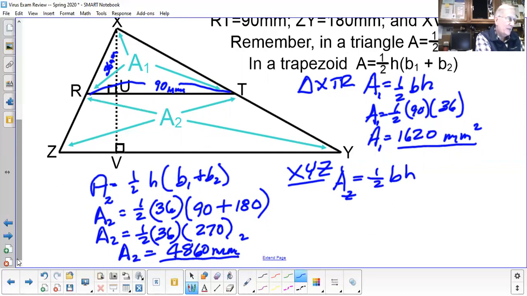Well, its base is the distance ZY, which is 180, and its height is 2 lengths of 36.